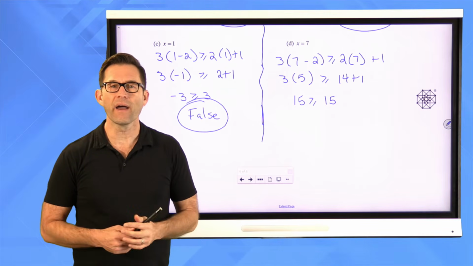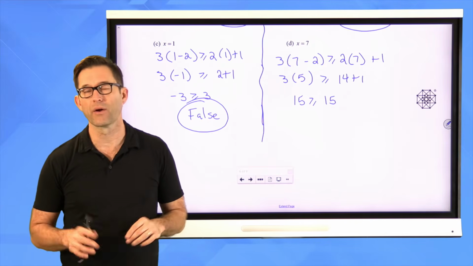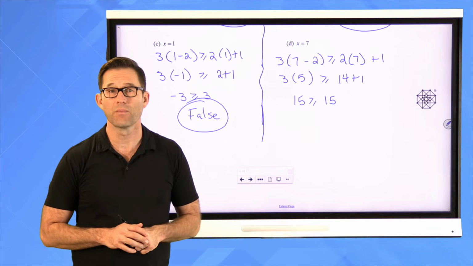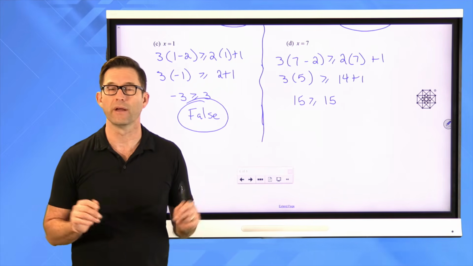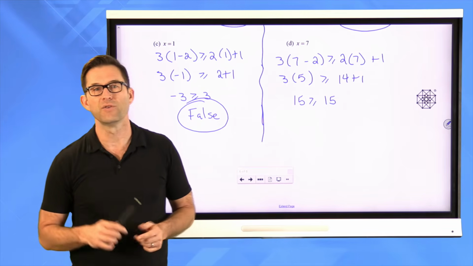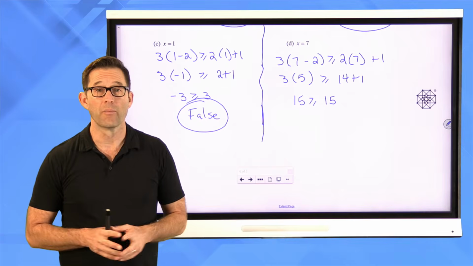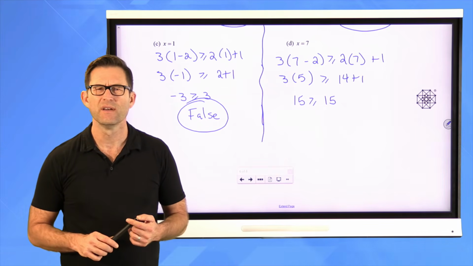And it would be like if I walked up to you and said, look, I'm either a professional basketball player or a math teacher. Is that a true statement? The answer would be, well, sure it is, because I'm a math teacher. I'm not a professional basketball player. On the other hand, if I walked up to you and said, hey, look, I'm either a professional basketball player or a professional lacrosse player, you would have to say to me, well, that's false, because you're neither.